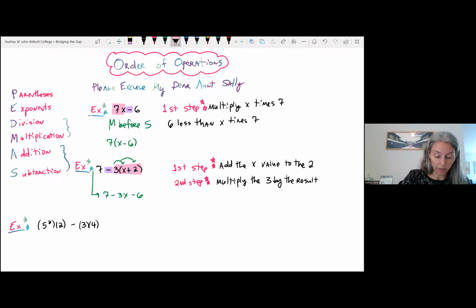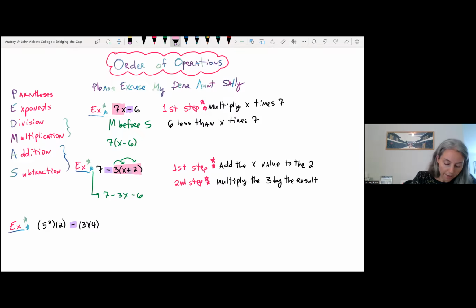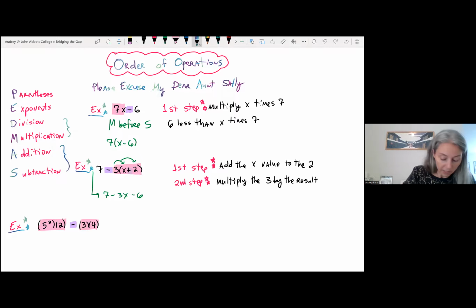We have the subtraction, and then each of these things is a multiplication. So we have 5 squared times 2 and 3 times 4. But before I'm going to do any of those things, I want to notice that I have this exponent right here. Exponents come before multiplication. They come before subtraction. So that means my first step here would be to just evaluate 5 squared.